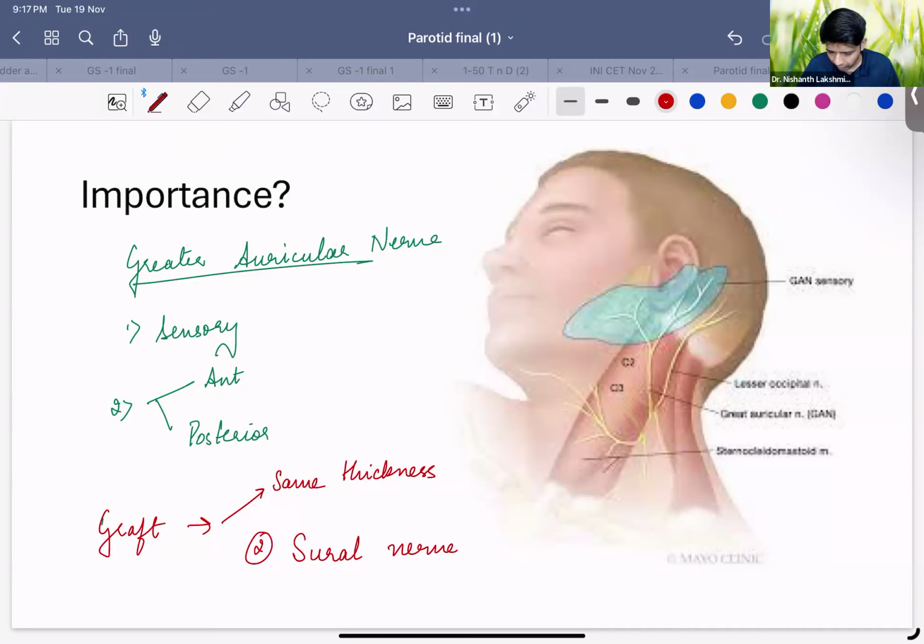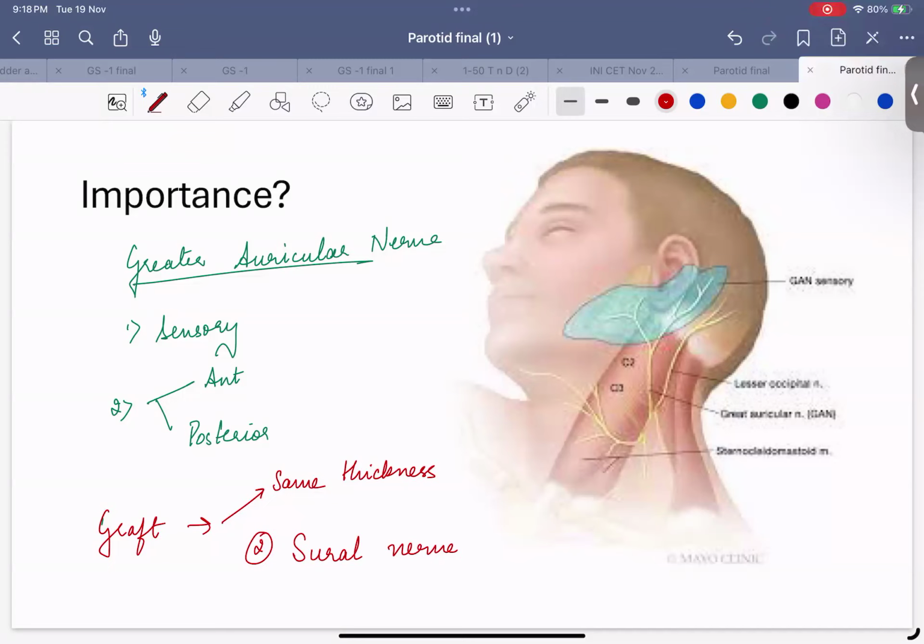Do you know where to identify the sural nerve? Sir, posteriorly close to the saphenous. Which saphenous? There is the greater one. Along the short saphenous vein territory. Exactly. With the long saphenous vein, you're going to get the saphenous nerve.